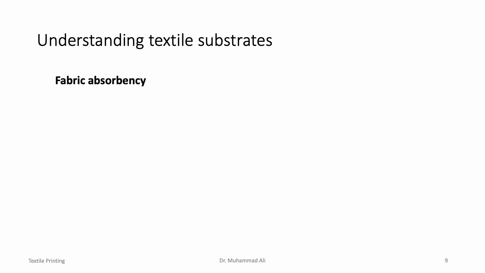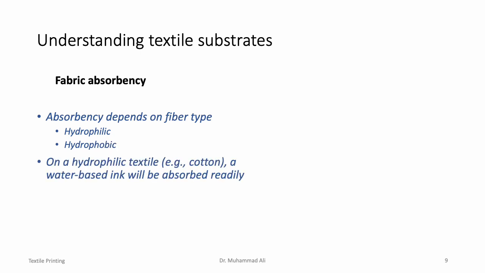Now let's talk about fabric absorbency. Absorbency of a fabric primarily depends on the fiber type. So we can have fibers that are hydrophilic in nature or hydrophobic in nature. On a hydrophilic fiber or textile, for example cotton, a water-based ink will be very readily absorbed.